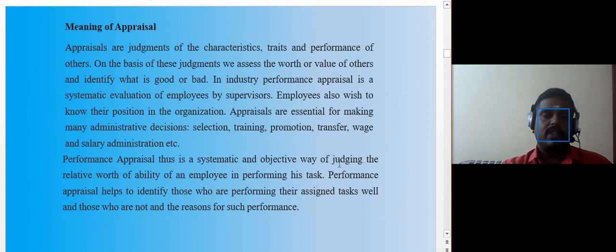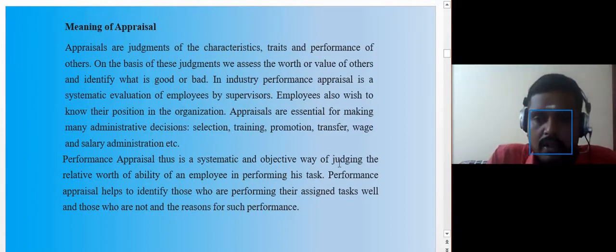Why do we need to appraise the performance of an employee? Appraisals are judgments of the characteristic traits and performance of others. On the basis of these judgments, we assess the worth or value of others and identify what is good or bad. In industry, performance appraisal is a systematic evaluation of employees by supervisors.